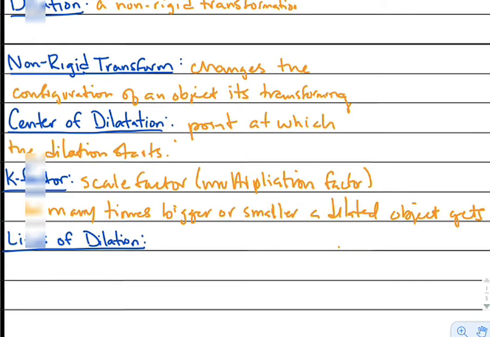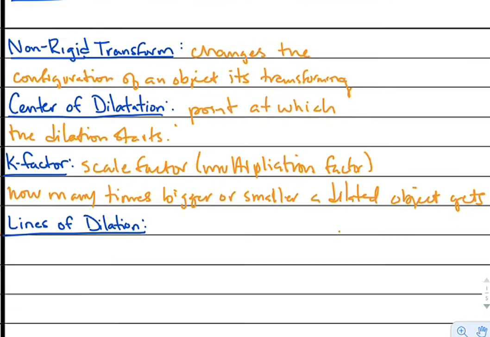So if you know the K factor is 2, it's twice as big. If the K factor is 1/4, it's 25% as big. If the K factor is 8, it's 8 times as big. And we'll show you guys how that plays out.